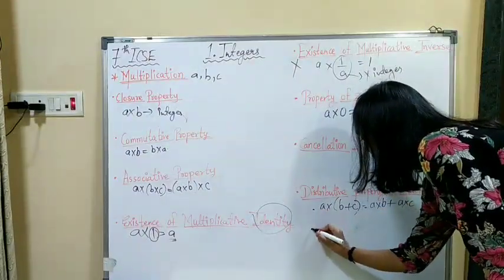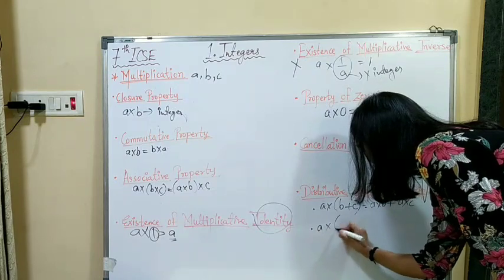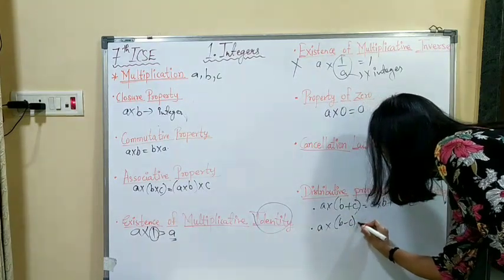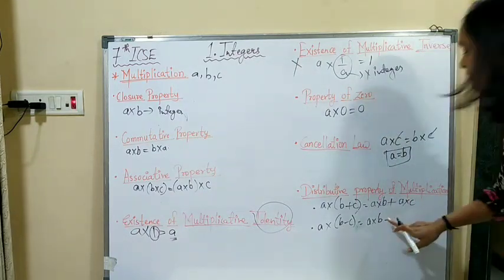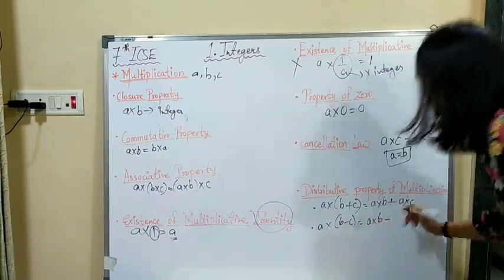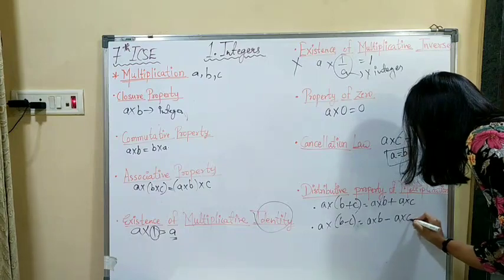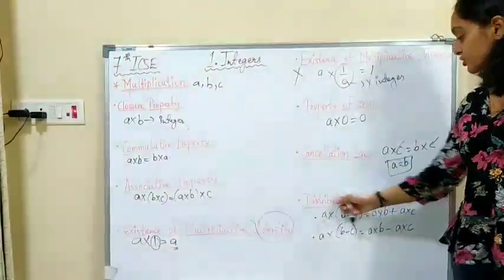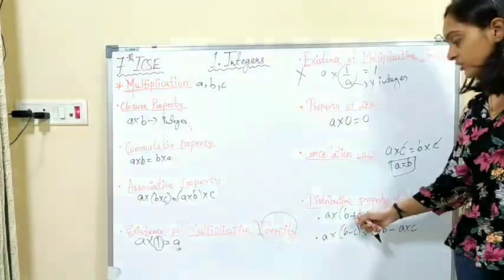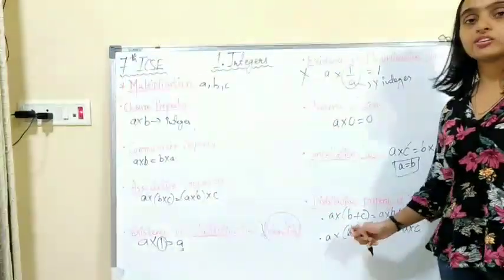This is for addition, and for subtraction you have the same formula, just with the subtraction sign. This property is called the distributive property of multiplication over addition, and this over subtraction.